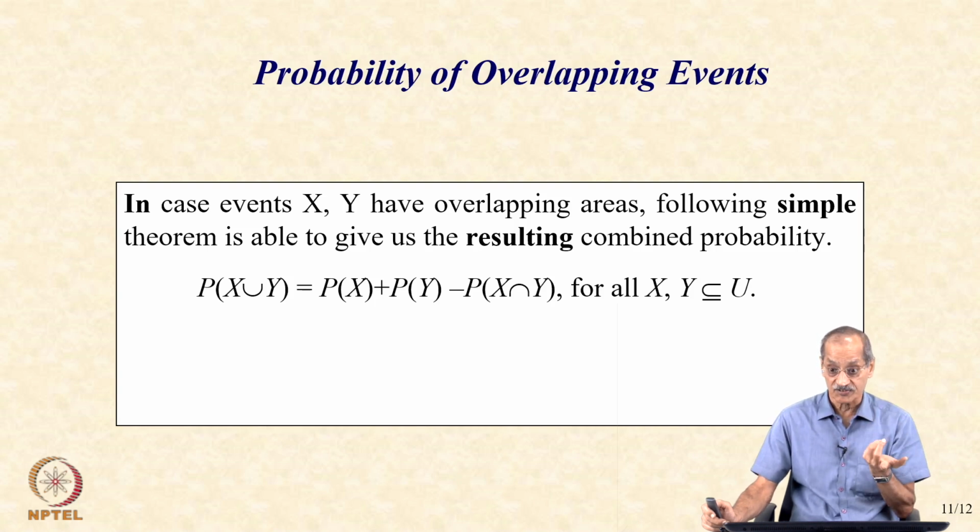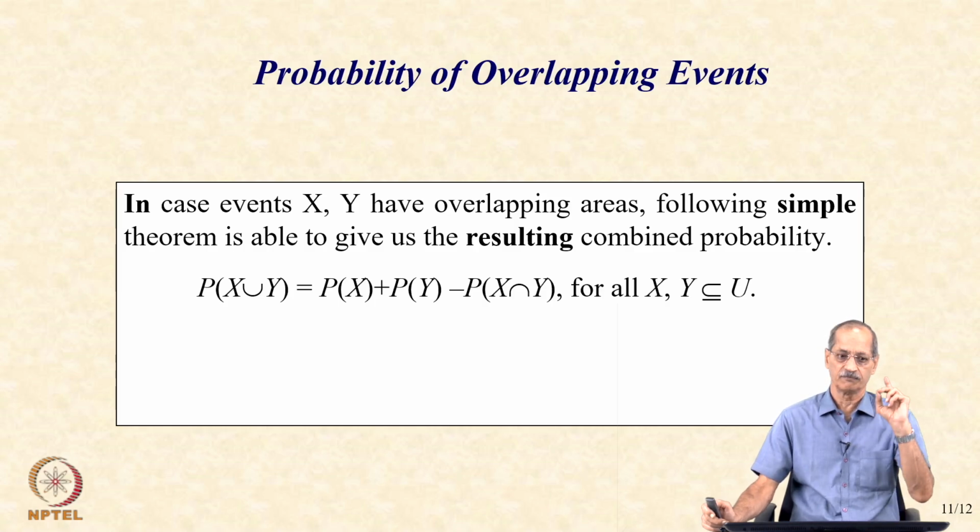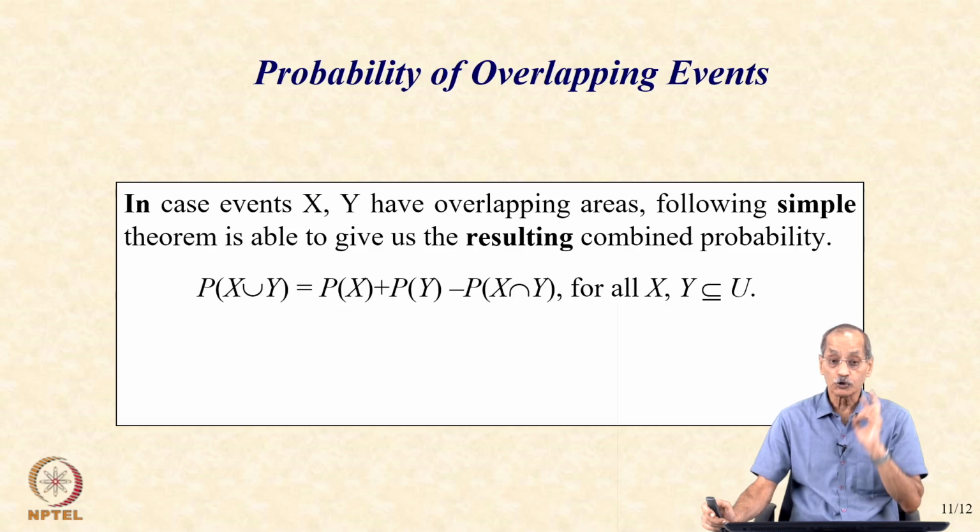Which means now we have a mechanism by which we can not only take care of events which are independent of each other in the form of the probability of X union Y, we can also talk about the probability of X union Y when the two events are overlapping, which means there is a violation of the assumption of independence.